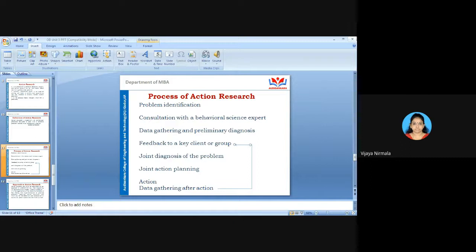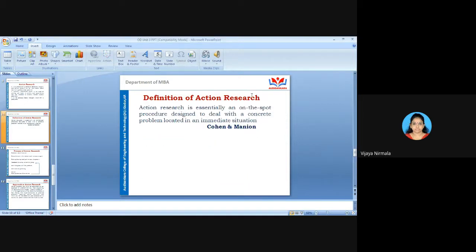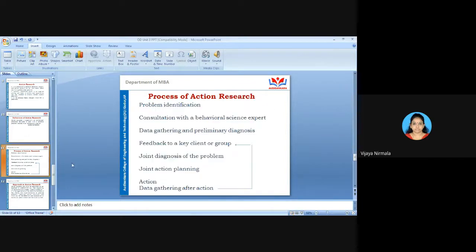Recently, it has been refined and extended to new settings and applications, and researchers and practitioners have consequently made requisite adaptations to this basic framework. So this is what we call the process of action research.